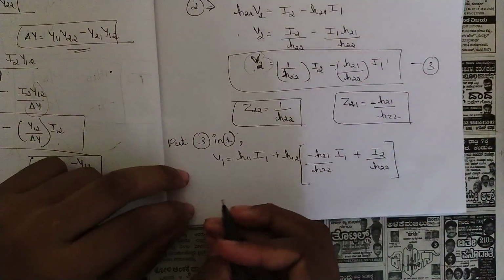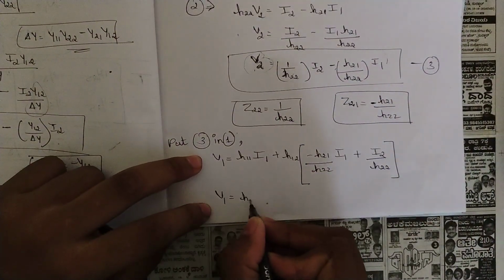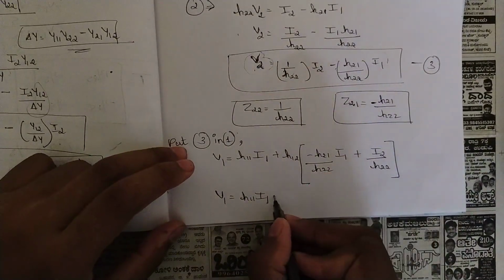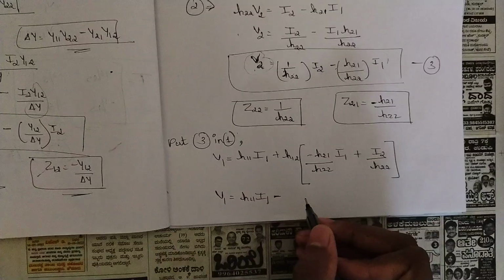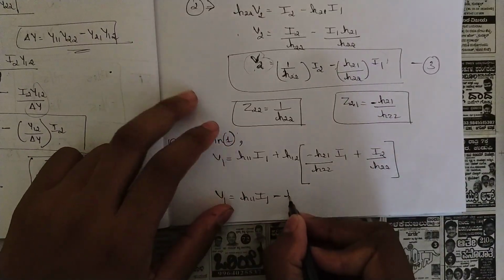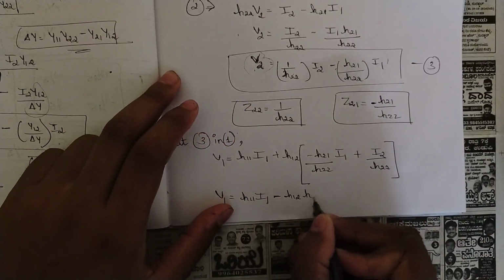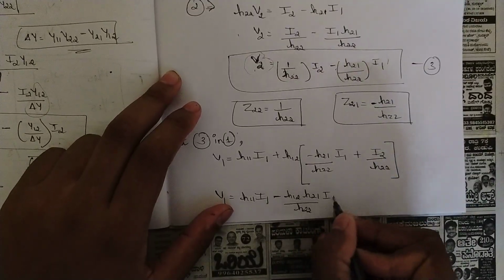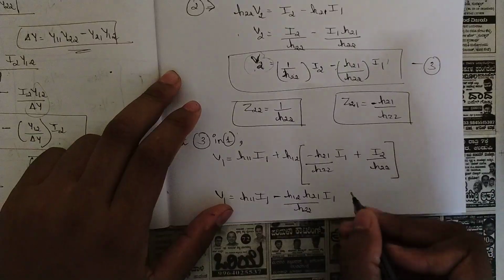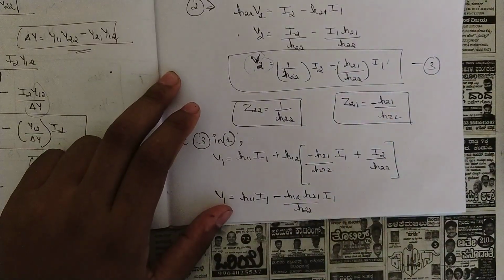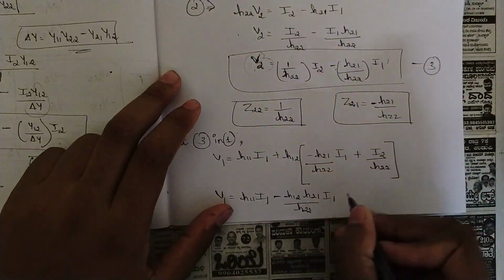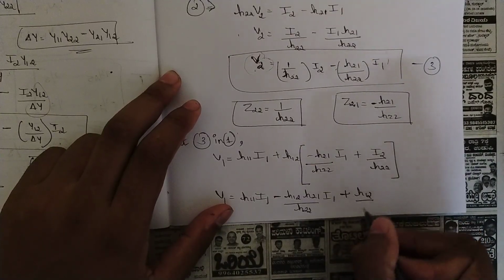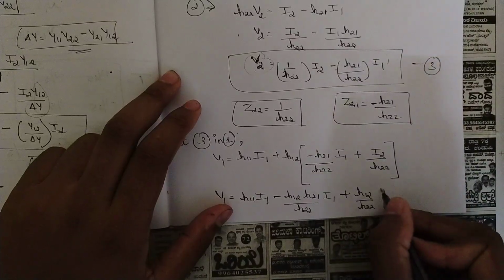Now multiply this H12 to both these terms, that is V1 is equal to H11 I1. Then we have a minus sign, so minus H12 H21 divided by H22 I1. Then plus, plus H12 divided by H22 into I2.